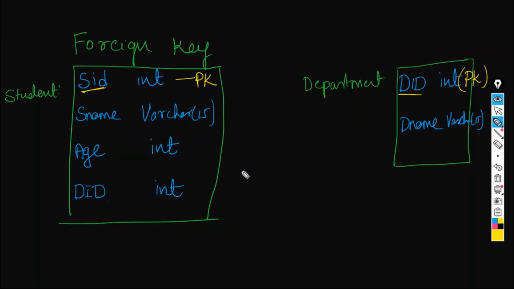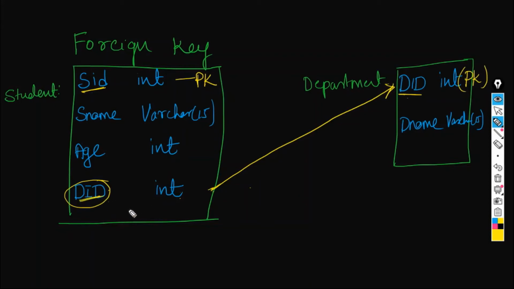Now we have to create a link between this table and this table. How can we do that? Somehow we need to create this link between this department ID and then let's see how can we create the link between these two tables.